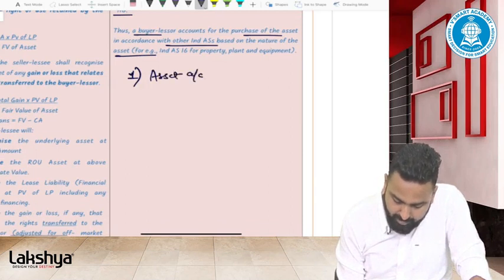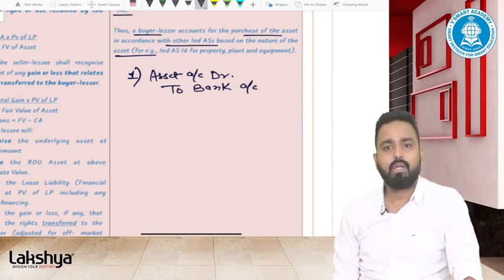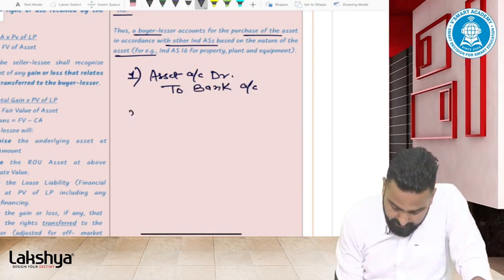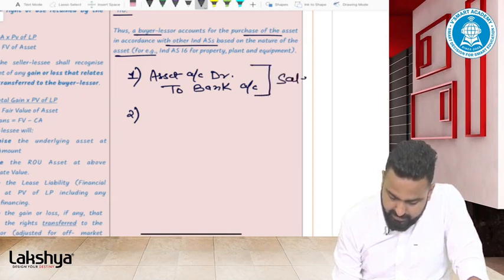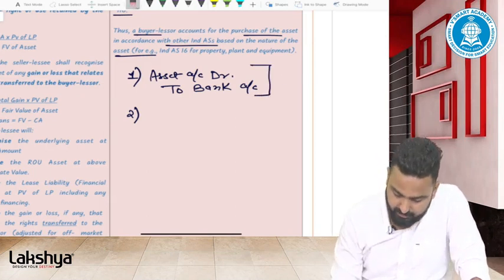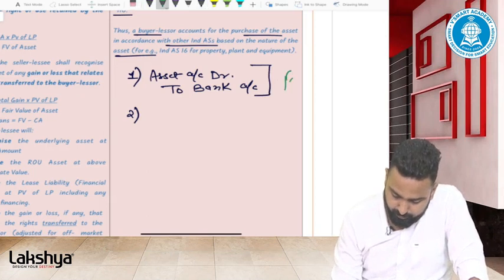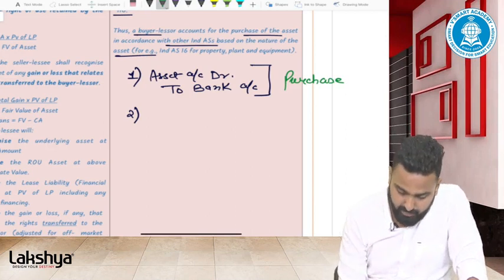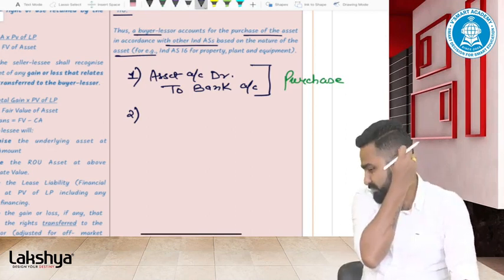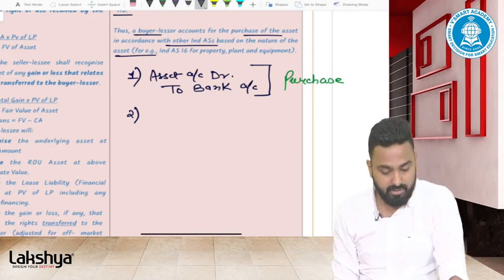So technically, the entry will be asset account debit to bank account. This is sale, purchase.